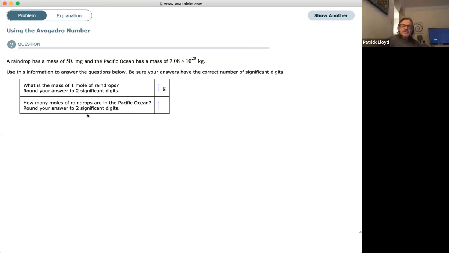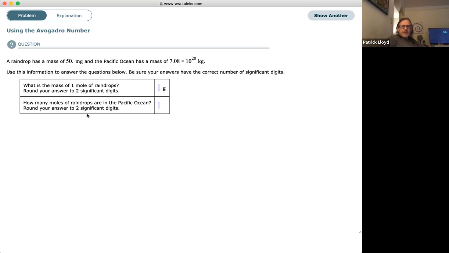A lot of this problem is really dealing with unit conversions of the metric prefixes, the SI prefixes, like milli, kilo, that sort of thing. In fact, there's milli in here as a prefix, and there's kilo in here as a prefix. So let's read the question first, and then we'll take a look at it using the Avogadro number.